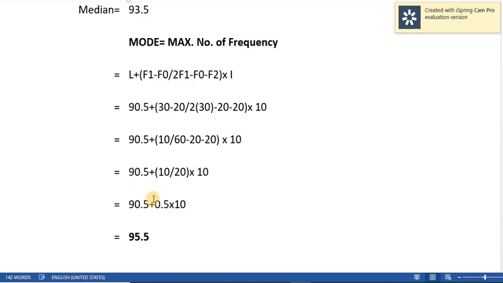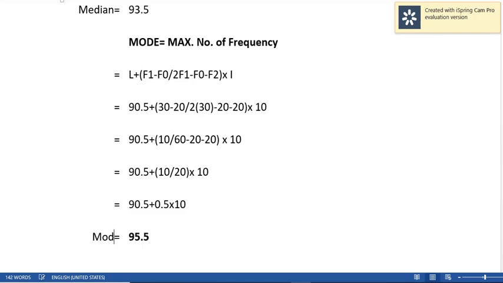Then 90.5 plus 10 divided by 20, that is 0.5, into 10. So 90.5 plus 0.5 into 10, 0.5, then the total answer is 95.5, almost 96.